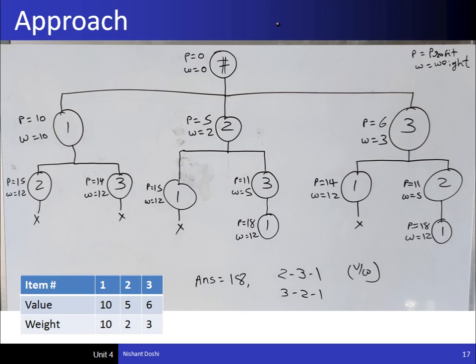So let's try to understand. We will start with empty. Why empty? Because every problem has a solution. That's what the algorithm tells. So here in this particular problem we have a solution available, but we start with an empty bag. It's like I'm going to buy certain items from a market, but while I'm going from my home to the market, my bag is empty.